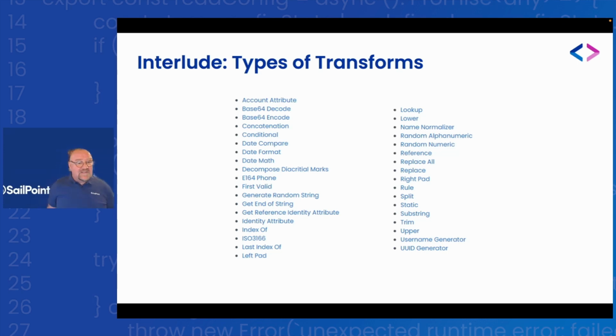Just skipping through this, we're going to be looking at account attribute specifically, and we'll probably also be looking at static in particular, because you can do some pretty neat things with that, and some other bits and pieces as well.